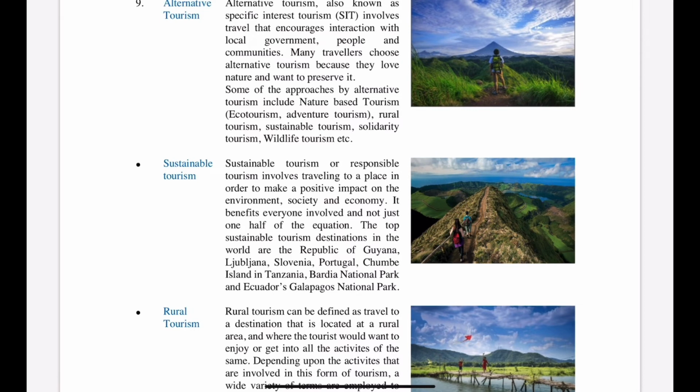This kind of tourism is called alternative tourism. Under alternative tourism, we have different types: ecotourism, adventure tourism, rural tourism, sustainable tourism, wildlife tourism. Basically, the integrity of the place, the local culture and the local practices are appreciated by these kinds of tourists, and they would go to such places, hence it is called alternative tourism.